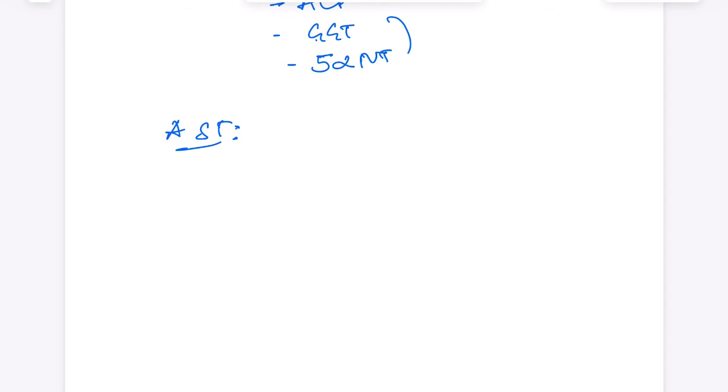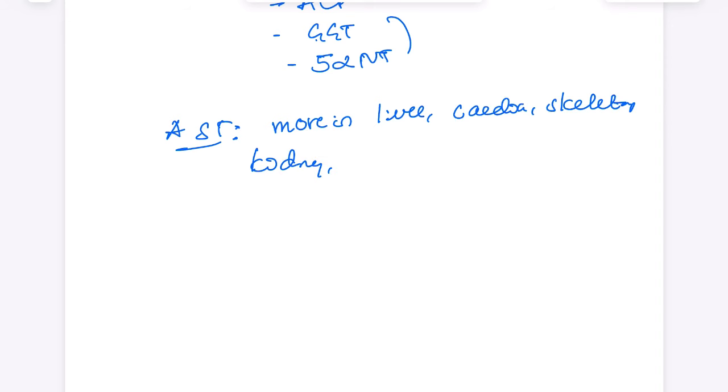AST is present abundantly, in decreasing order, in liver, cardiac muscle, skeletal muscle, kidney and brain, pancreas and lungs, WBCs and RBCs.